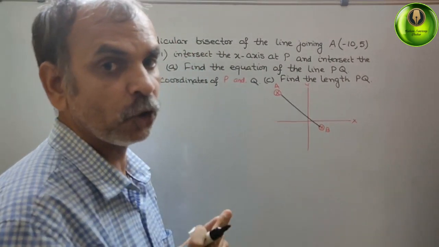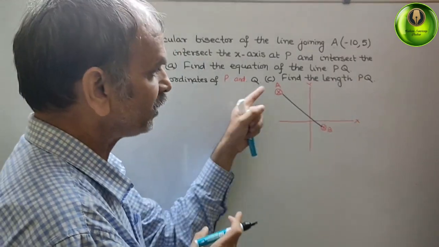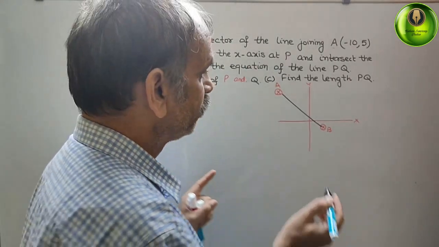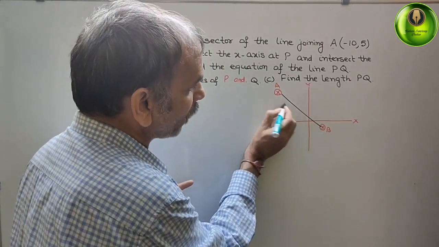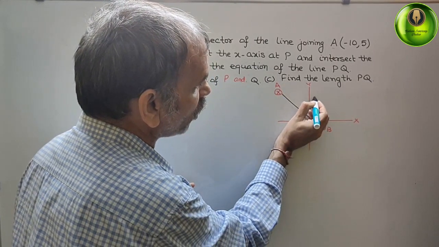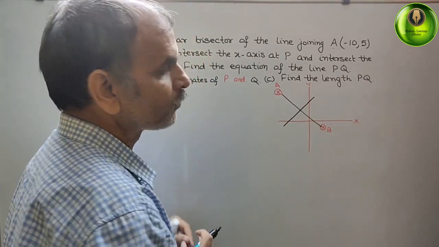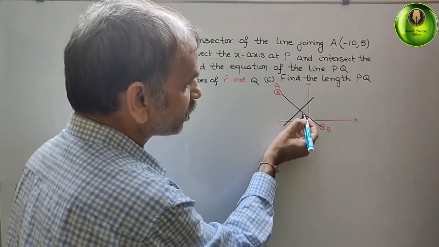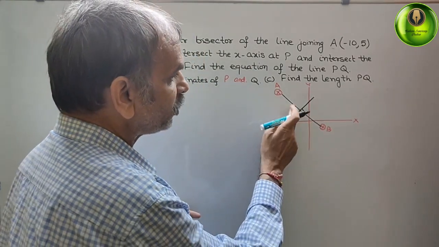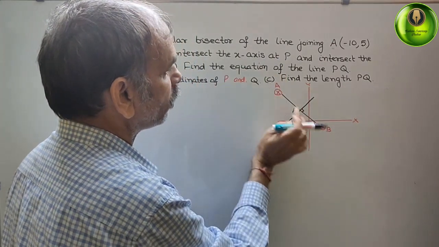Now they have told us there is a perpendicular bisector of this line. That means it forms 90 degrees. So suppose this is your perpendicular bisector, and it forms 90 degrees here.